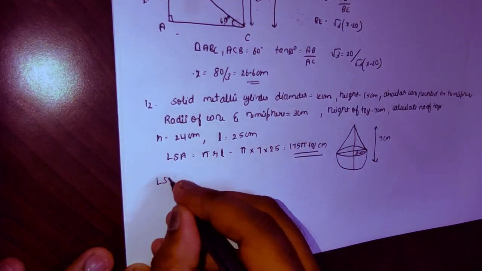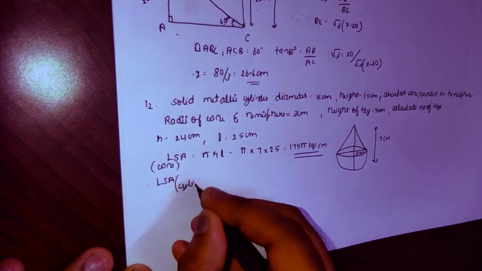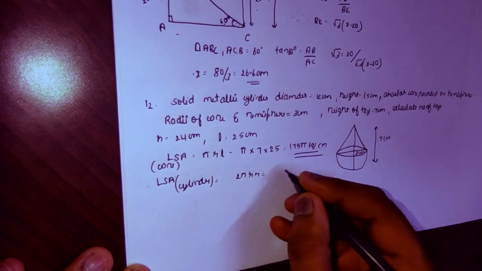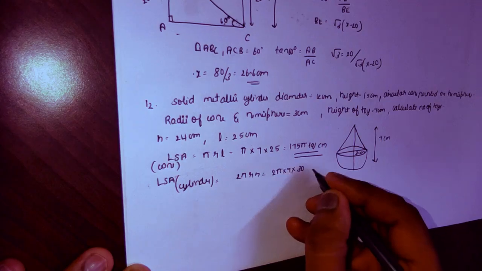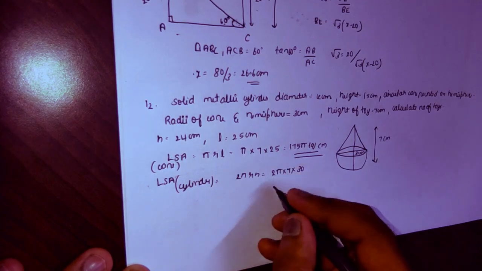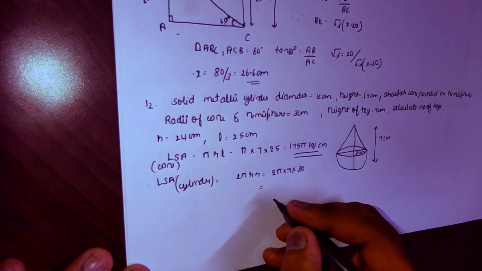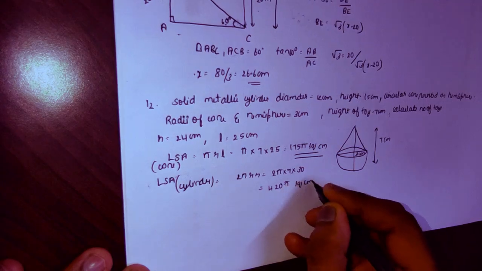We know the lateral surface area of the cylinder is equal to 2 pi RH. We know the value of R, that is 7. Height of the cylinder is 30. This becomes 420 pi square centimeter.